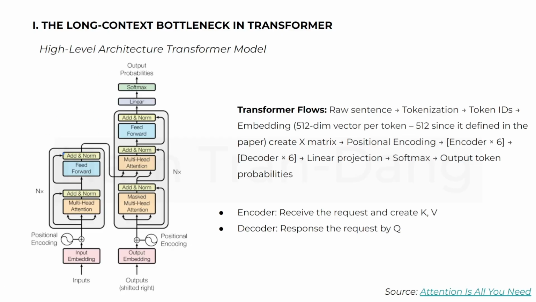So here is the architecture. It is split into the encoder and decoder, on the left and on the right, respectively. The encoder will receive the request and create the key and value. Meanwhile, the decoder will respond to the request.